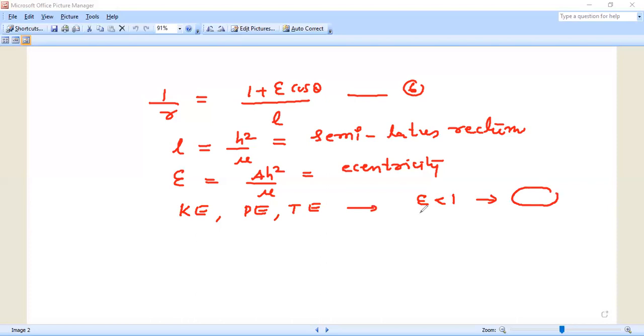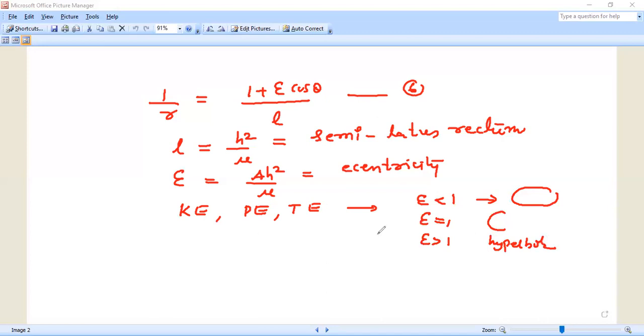When eccentricity epsilon is less than 1, the orbit is an ellipse. Epsilon equal to 1, what is the shape of the orbit? When epsilon equals 1, it is a parabola. When epsilon is greater than 1, it is a hyperbola.